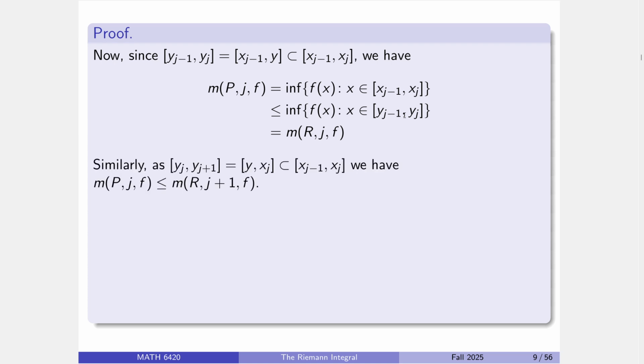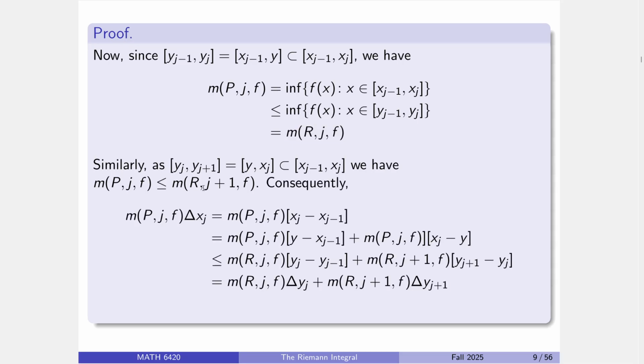All right, and similarly, if I now go up to the j plus 1 subinterval for R, that is also contained in the j subinterval for the partition P, and so here we see at the j moment, the j subinterval for P, the infimums there are all bounded above by these two, so they're bounded above by their sum.